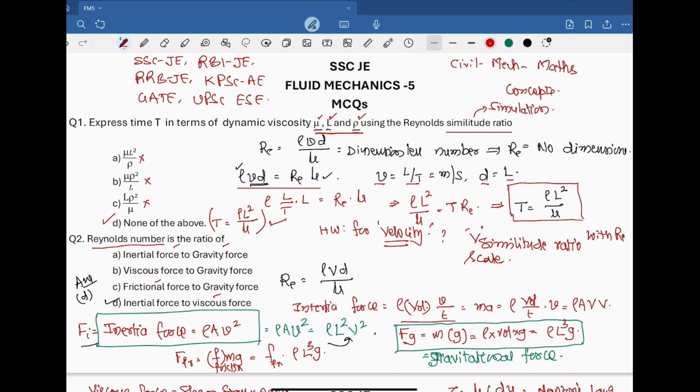These questions can be of the level from SSC JE to GATE or UPSC ESE, covering everything. This is only about definitions and properties of fluids pertaining to my 4 main lectures, excluding my MCQs, lecture 1 and lecture 2 MCQs.